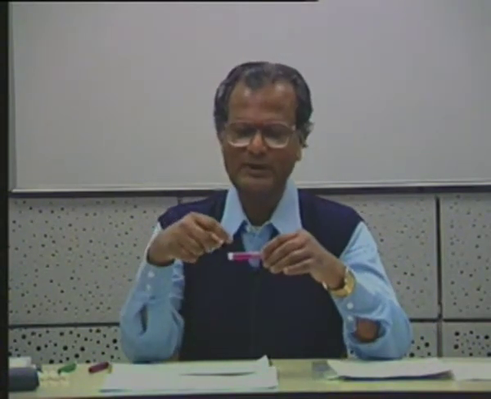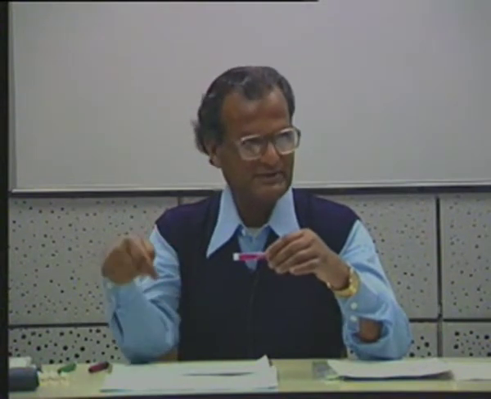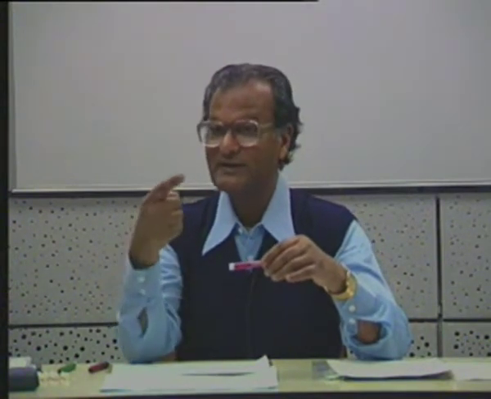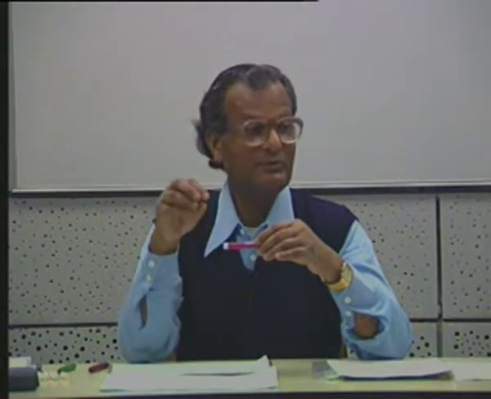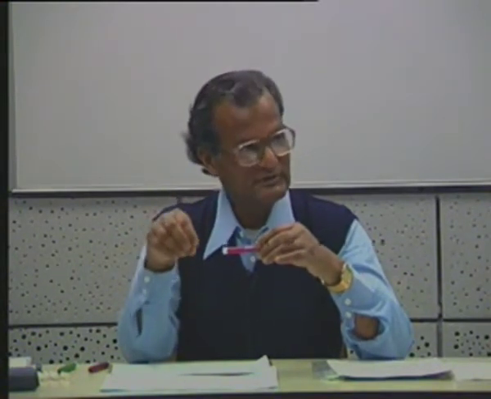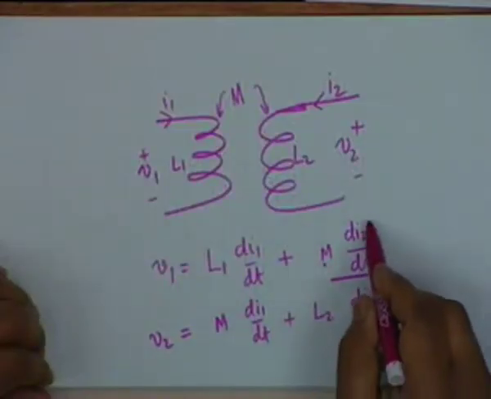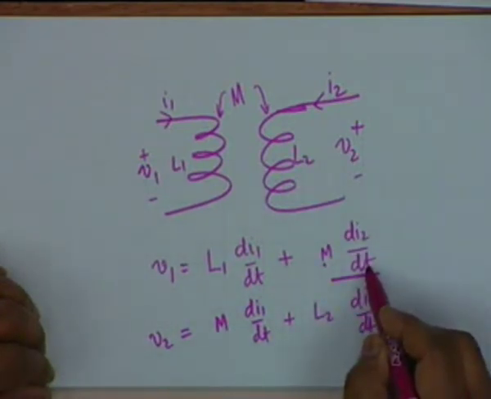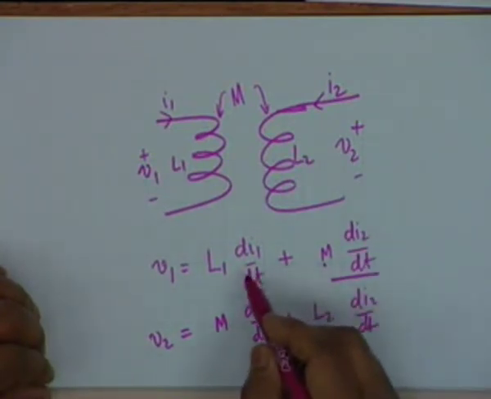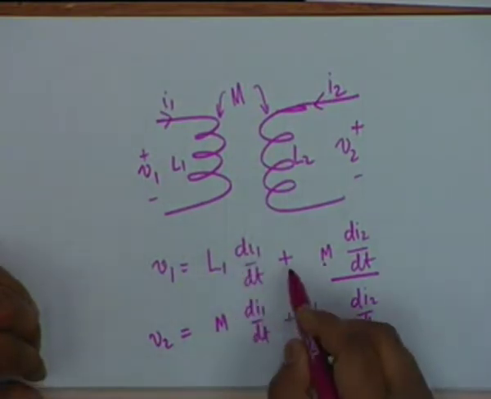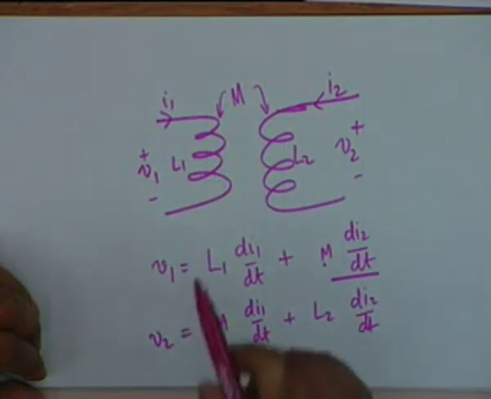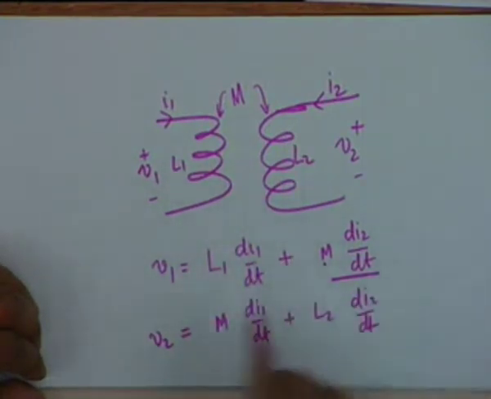For example, you can have, let us say, clockwise turns like this. One current can be clockwise, the other can be anti-clockwise. Then one of the coils produces a flux which tends to cancel the flux produced by the other coil, and therefore this voltage may try to destroy the self-induced voltage. Under that condition, this sign shall be negative, and we say that the mutual inductance is negative.